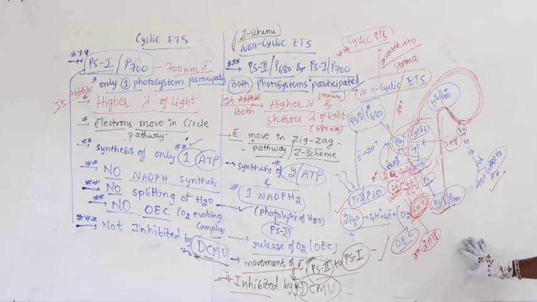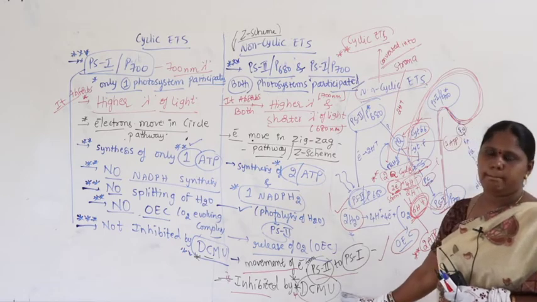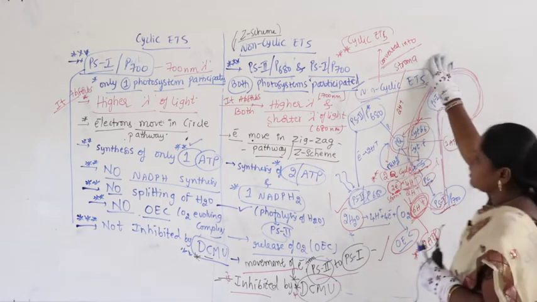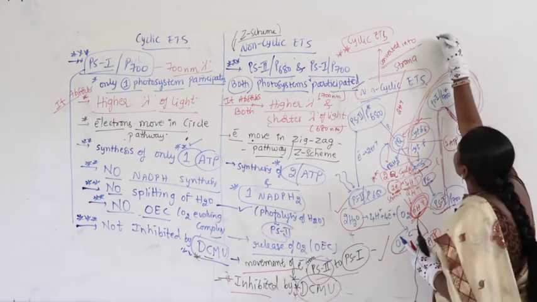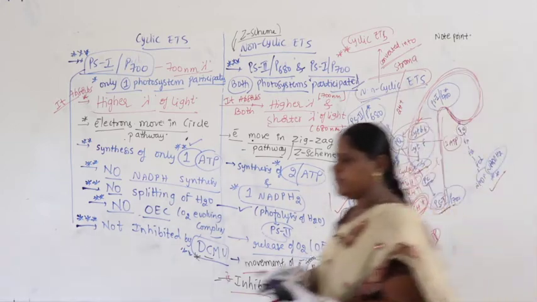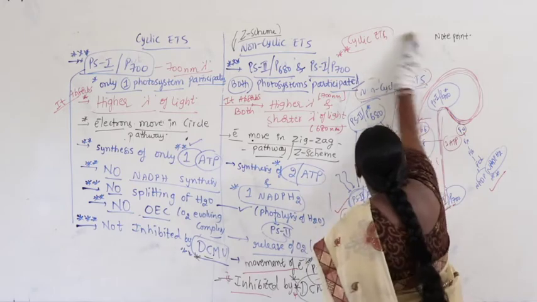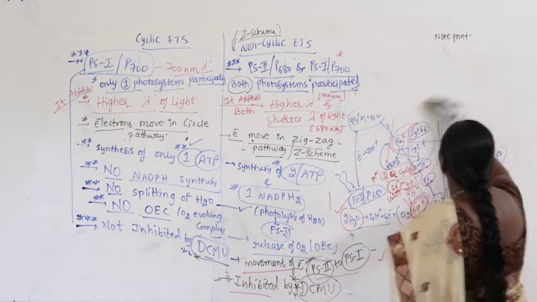What is DCMU? DCMU is nothing but dichlorophenylmethylurea. Okay, this is used as a fungicide to kill fungi. So, let me write it here, take the note point. Okay.